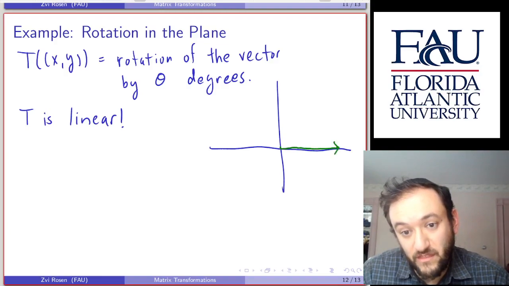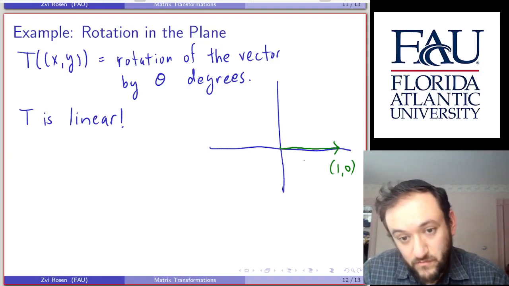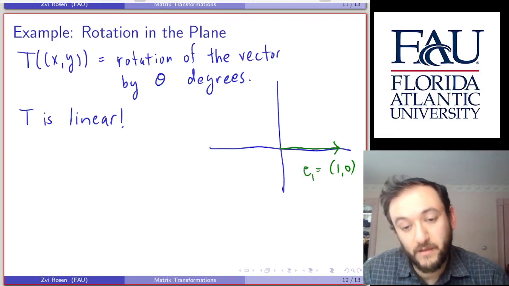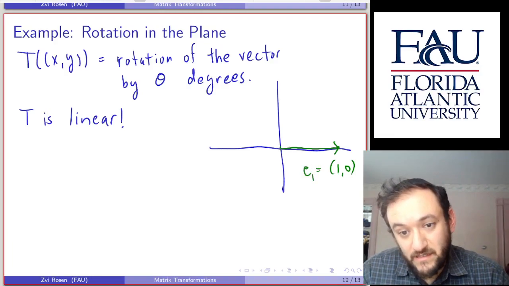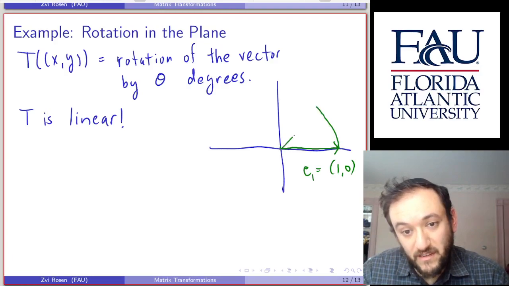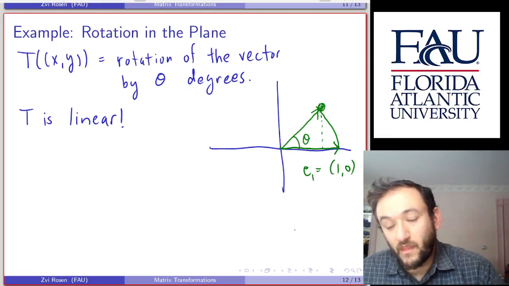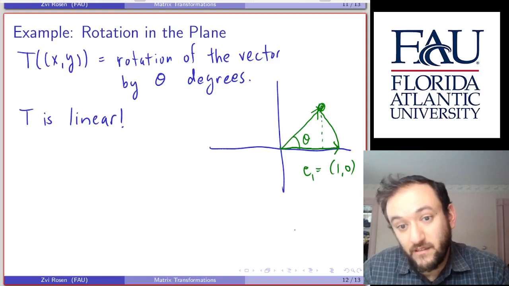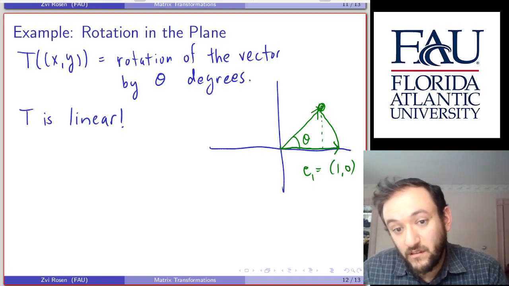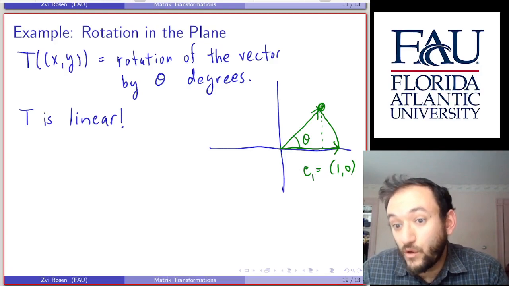So let's start with standard basis vector number 1, 1, 0, which is our E1. So when I rotate this by theta degrees, what's my new point here? Well, using trigonometry, the x-coordinate corresponds to cosine of theta, right?